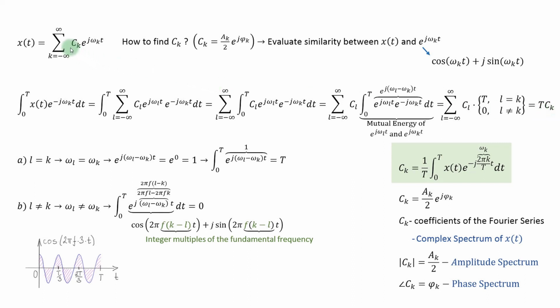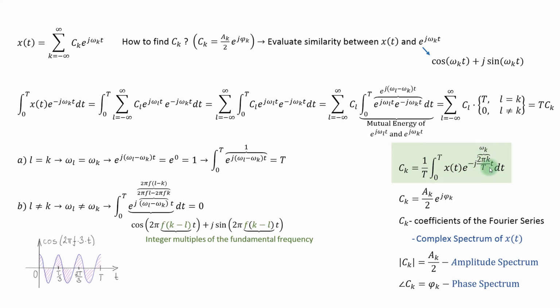So when I want to find this complex amplitude for some index k, I need to compute the mutual energy between my signal and the complex exponential at the frequency omega sub k. I need to compare these two signals. And then, when I divide by the period, I will get the value of my complex amplitude for the index k. I summarized that here. My complex amplitude for the index k will be 1 over the period times the mutual energy between my signal and the complex exponential at the frequency omega sub k.